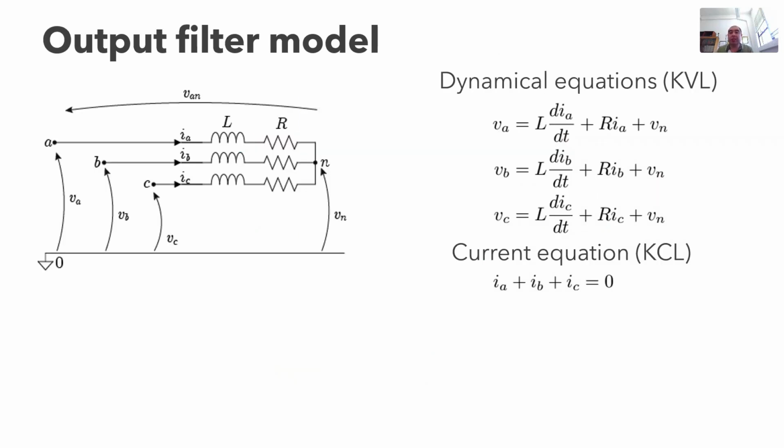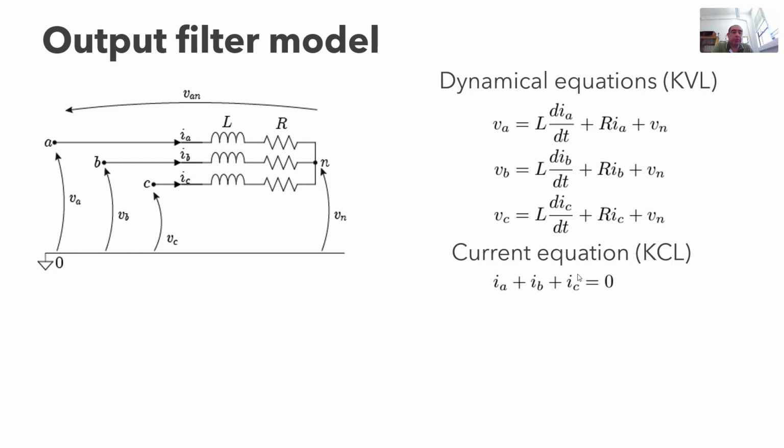We will start modeling the output filter. Formulating the voltage equation, we have the phase voltage is equal to the voltage drop in the inductance, the resistance, and the neutral voltage. For phase B and C, we have the same equations. And also, in the neutral point, we can formulate the current equation.